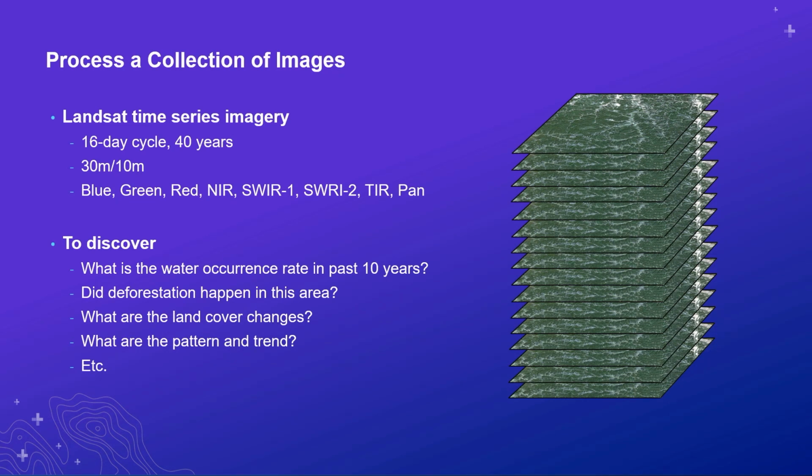For example, you can answer questions like: what is the water occurrence in the past 10 or 20 years? Did deforestation happen in this area? Or what are the land cover changes and what's the pattern, and things like that? So you want to work with a collection of images.